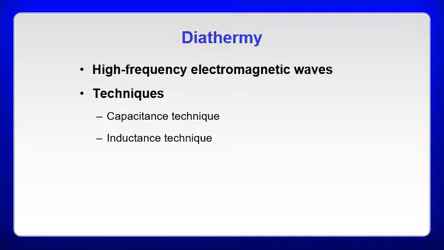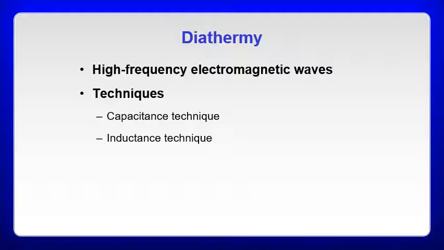The primary difference between the two is that in the capacitance technique, the patient is placed more in the electric field, which means capacitance diathermy does tend to heat subcutaneous fat a little bit more than the deeper tissue. Whereas with the inductance technique, there's an electric current through a little coiled wire inside the applicator, and that has a greater tendency to heat muscle.